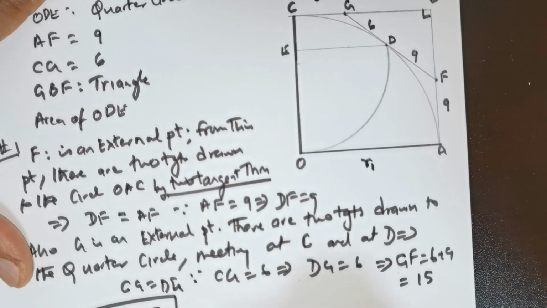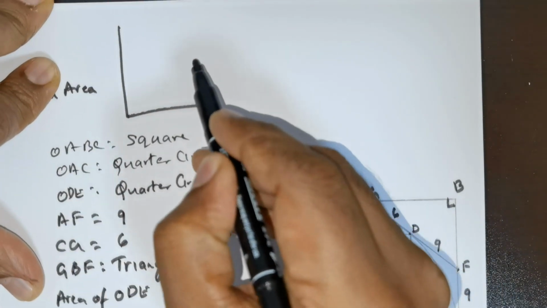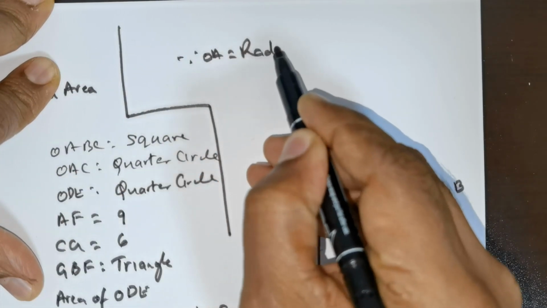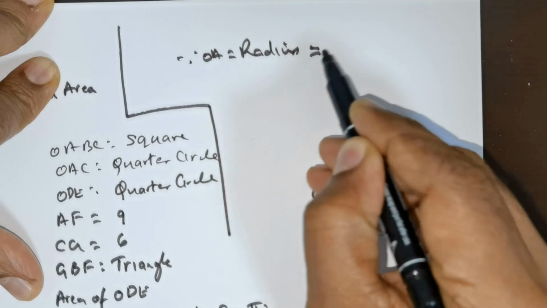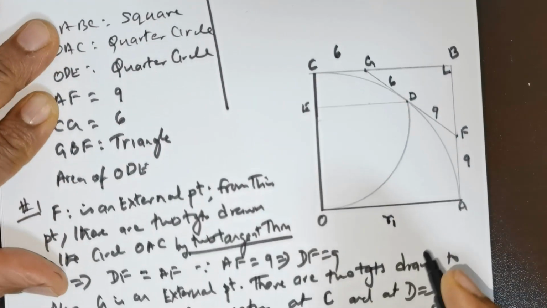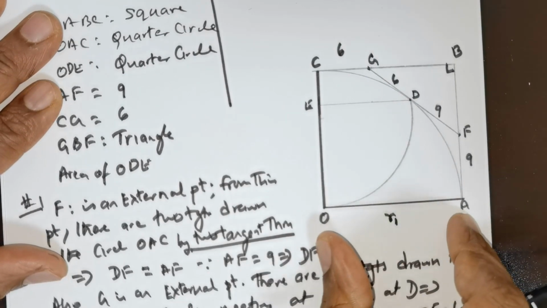Since OA is the radius, this is apparently the side of the square.